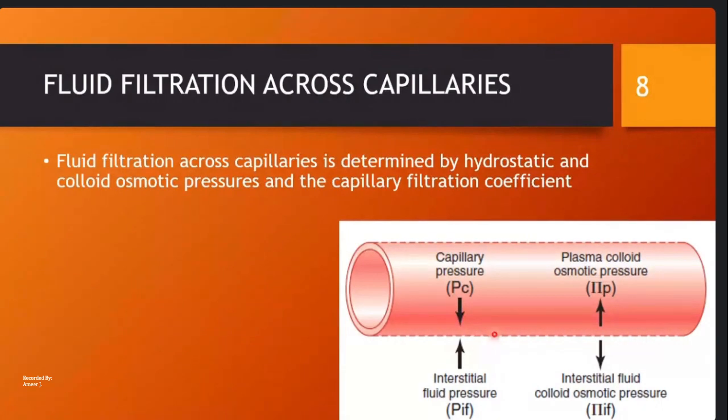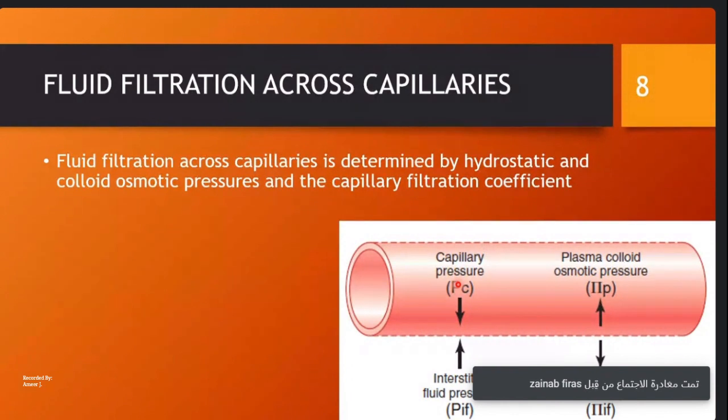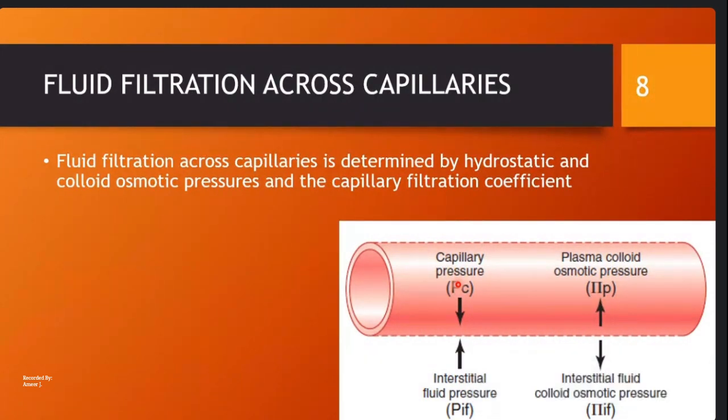The first factor is the capillaries pressure. You know that we have a hydrostatic pressure inside the capillaries. At the arterial end, it is higher than at the venous end, and this high level of pressure tends to filtrate the water from the capillary into the interstitium.